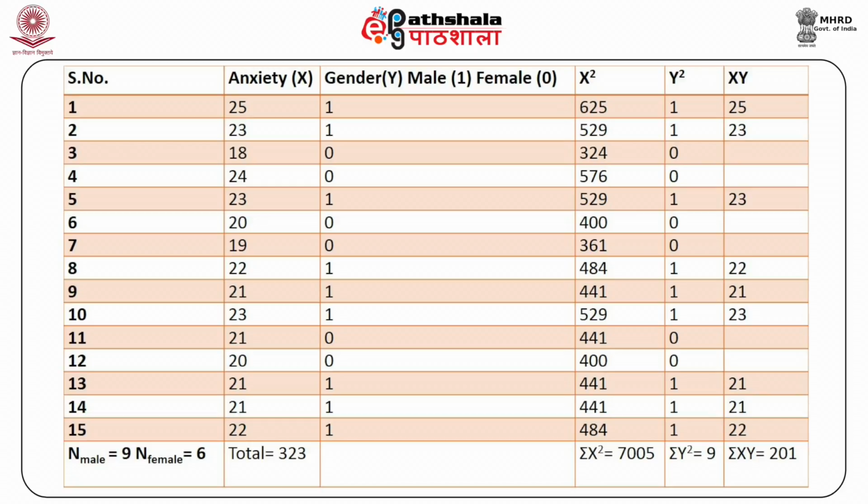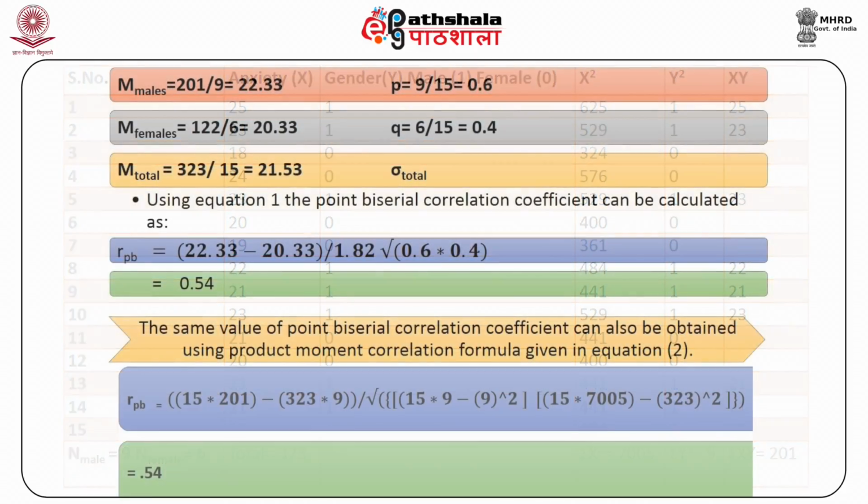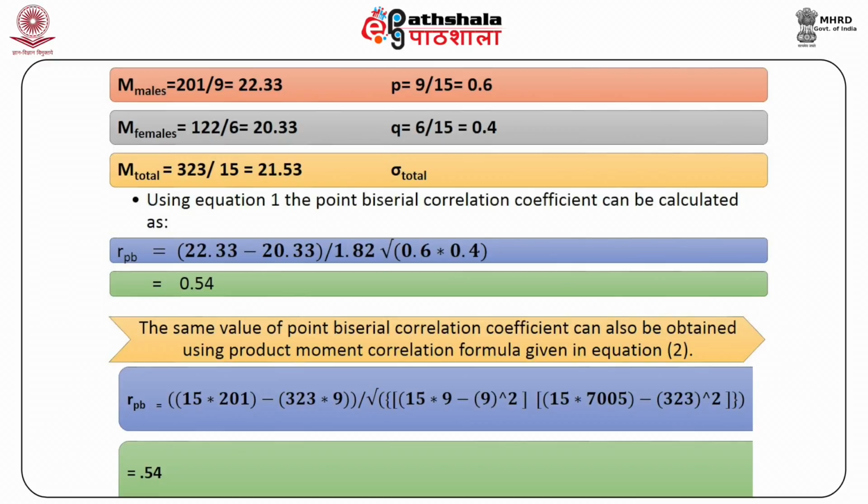The squared values and the product of the two scores are also given, and the column sums are also given at the bottom for all the subjects, where the total number of subjects, or the n, is 15. We find the totals at the bottom and let us see how we can calculate the point biserial correlation.